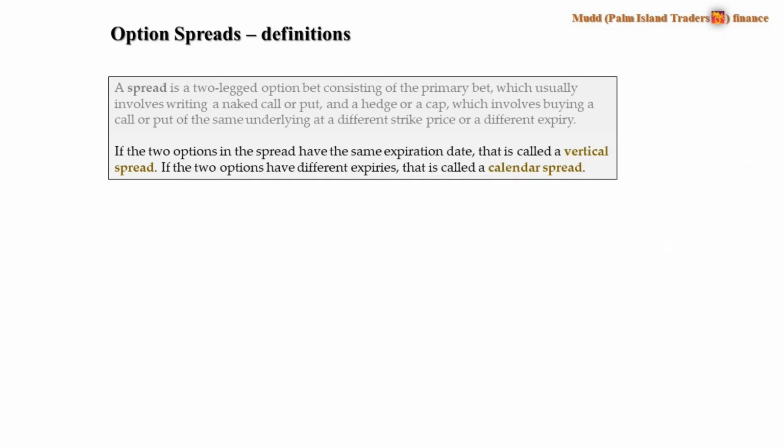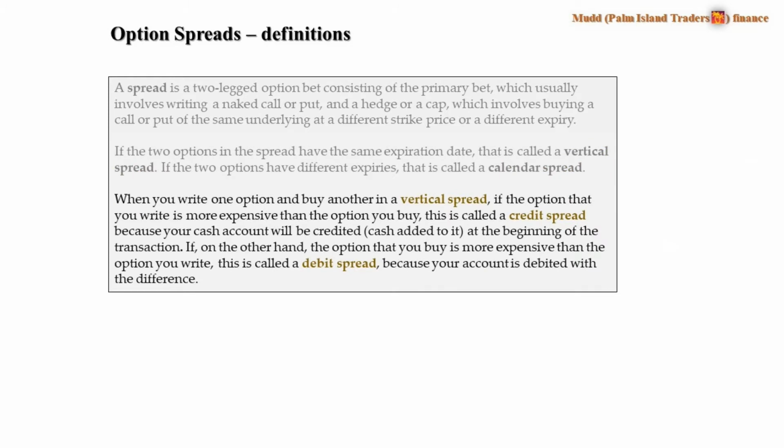Now, in this series of lectures, we're talking about vertical spreads. If the two options in the spread have the same expiration date, that is called a vertical spread. If the two options have different expiries, that is called a calendar spread, and we'll cover calendar spreads at a later time.